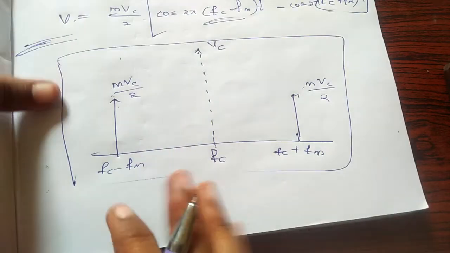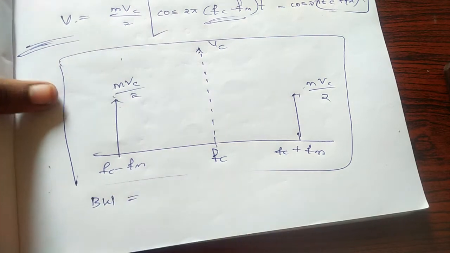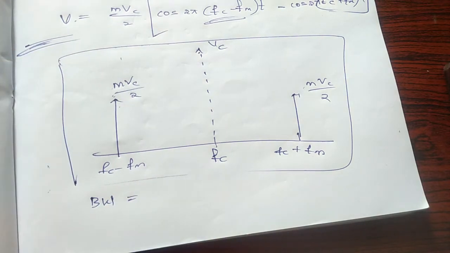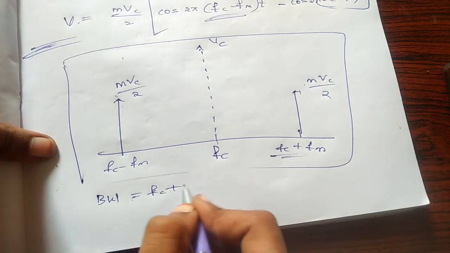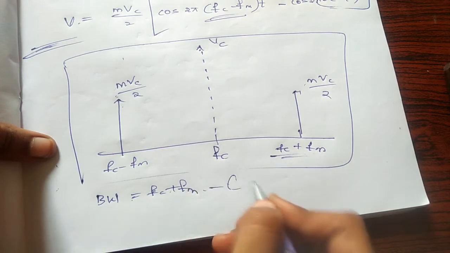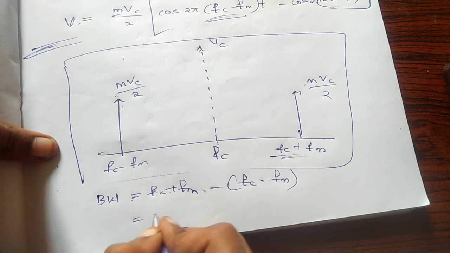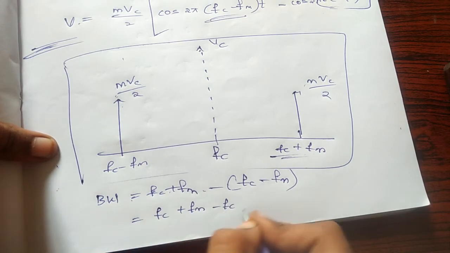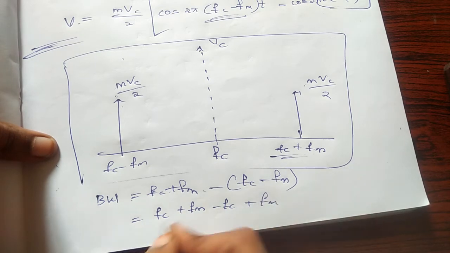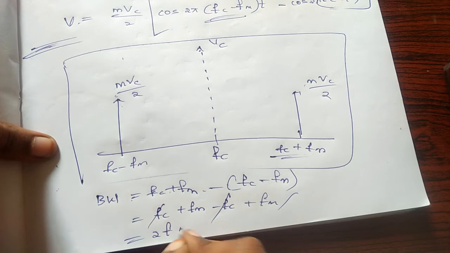Next one, bandwidth. So what is the bandwidth? Bandwidth is nothing but the difference of the upper and the lower sidebands. What is the upper sideband that we are having here? Fc plus Fm. Then what is the lower sideband? Fc minus Fm. So if you simplify, (Fc + Fm) minus (Fc − Fm), we get 2 Fm.